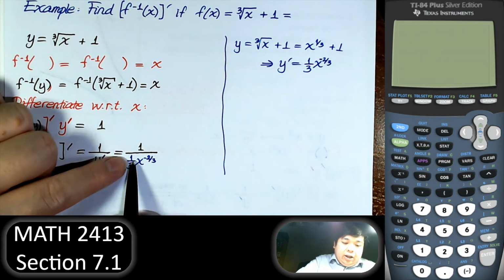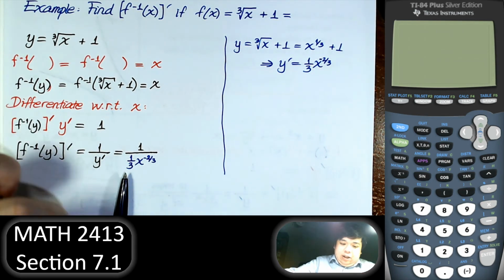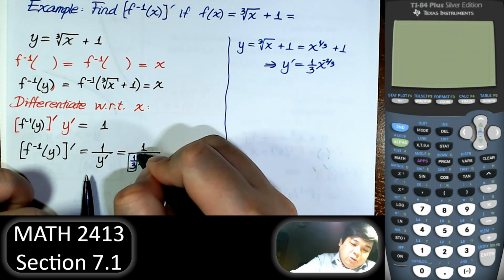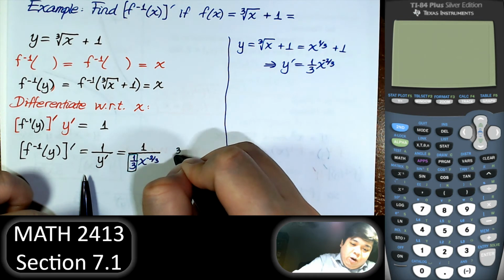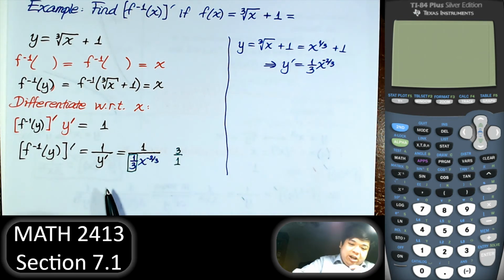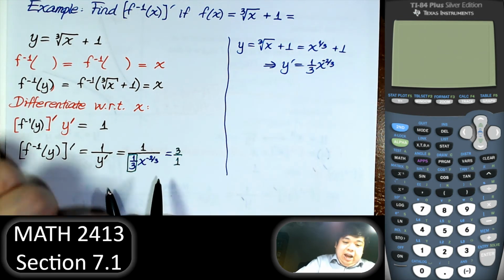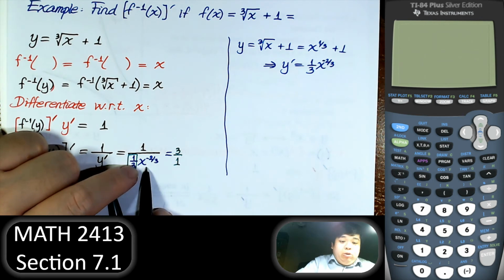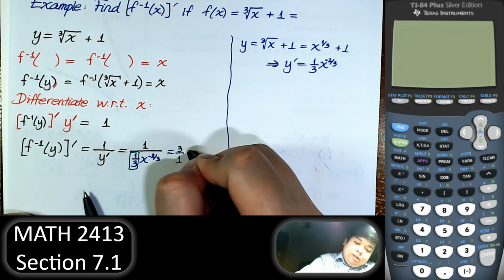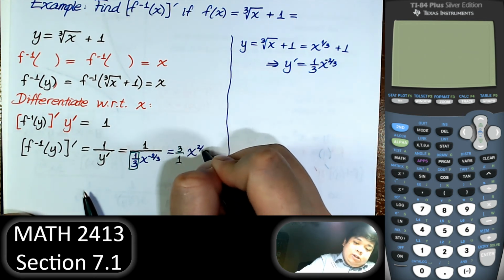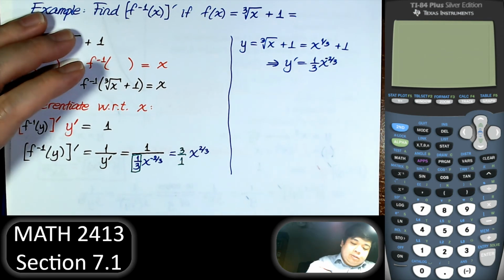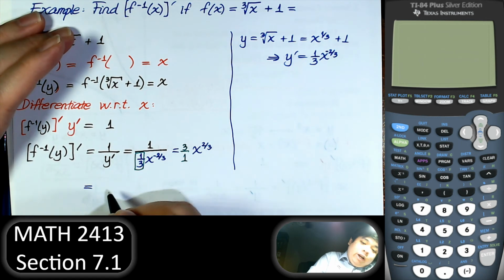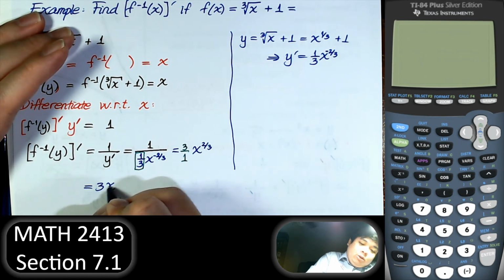Now, divide by 1/3, which is the reciprocal, 3 over 1. And then x to the negative 2/3 moves from the bottom to the top and becomes x to the 2/3. So we're going to have 3x to the 2/3.